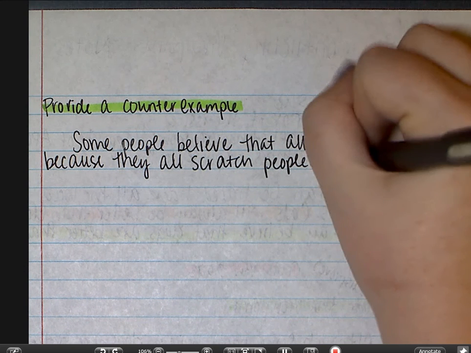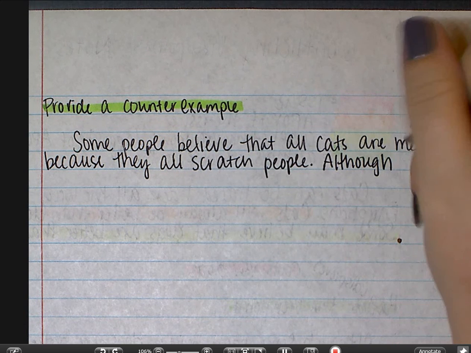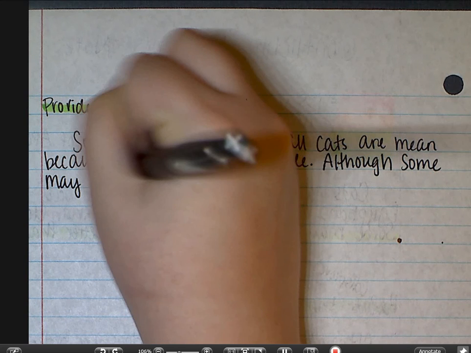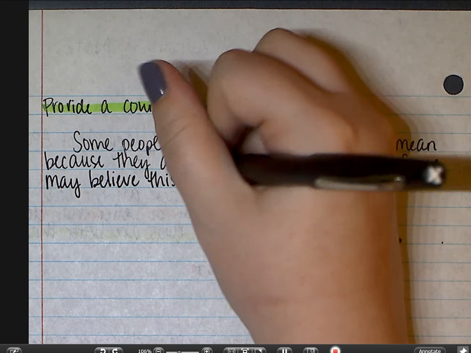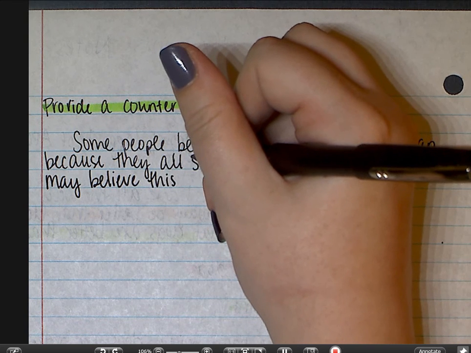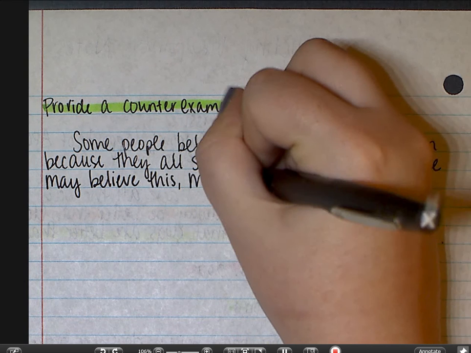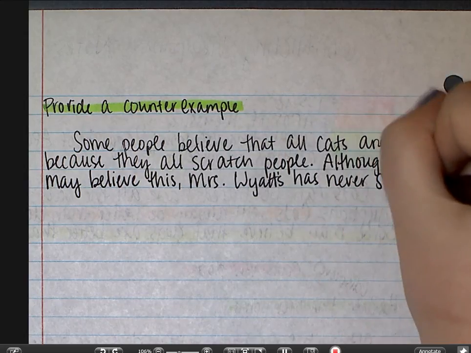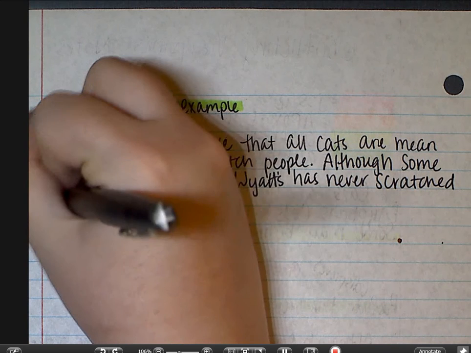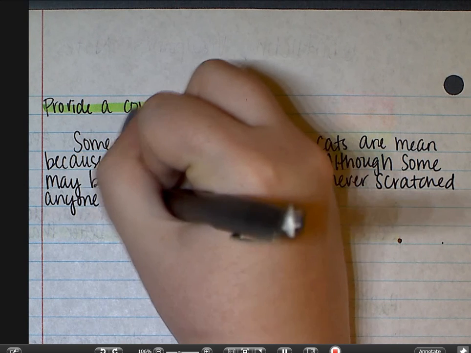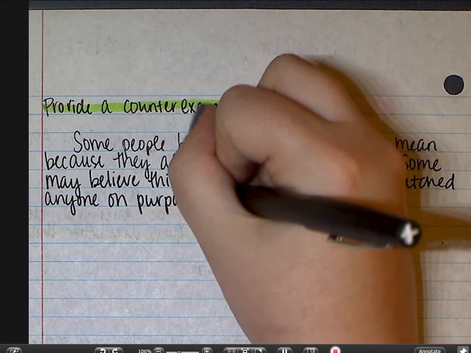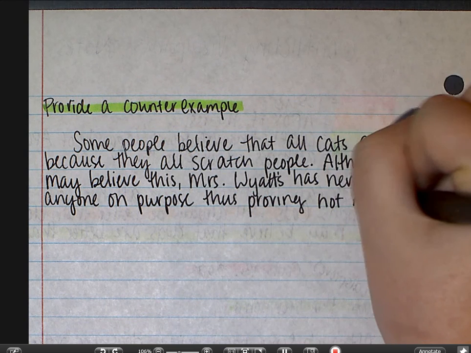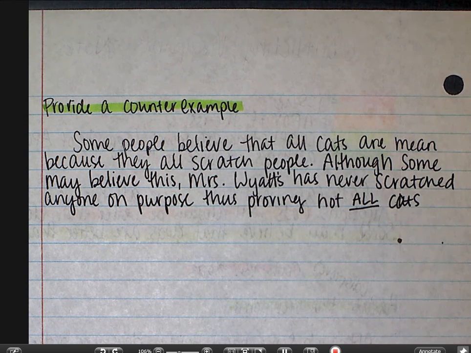Although some may believe this, Mrs. Wyatt's cat has never scratched anyone on purpose, thus proving not all cats scratch people.